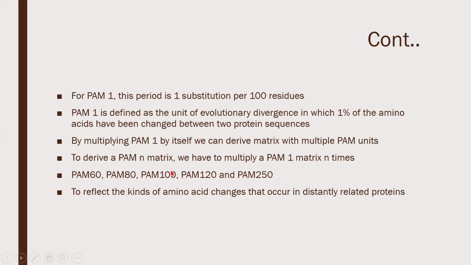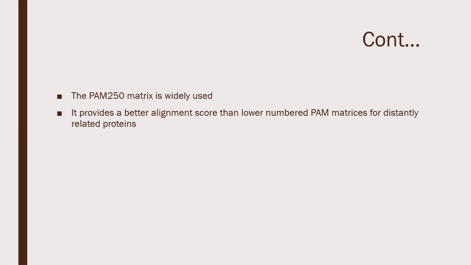These different PAM matrices were developed to reflect the kinds of amino acid changes that occur in distantly related proteins. Among all these, the PAM250 matrix is widely used, because it provides a better alignment score than lower-number PAM matrices, especially in the case of distantly related proteins.